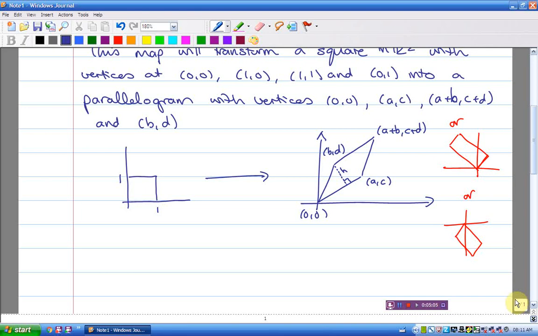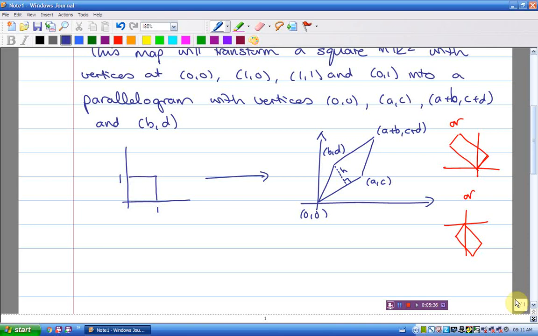If you have two lines that are parallel and you transform them both under the same transformation, they will still be parallel. Orthogonality is not maintained. If two lines are orthogonal and you transform them, they don't necessarily end up orthogonal. But if they're parallel, they do. Because a square has two pairs of opposite sides that are parallel, you will end up with a quadrilateral that has two pairs of parallel sides. But because the angles could have gone all funny in the meantime, the best you can say is parallelogram.